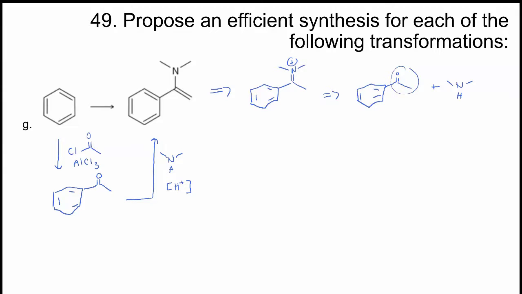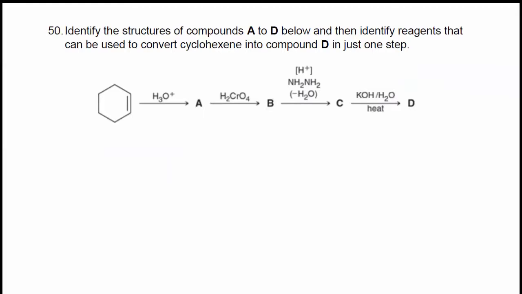All right, let's look at a next one. In this problem, I added these ones on. These are good in-between step ones. So we're looking at figuring out what A through D is based on our starting material of cyclohexene. If we add H3O plus, which is H2O plus acid, to cyclohexene, that is going to give us an alcohol with no rearrangements.